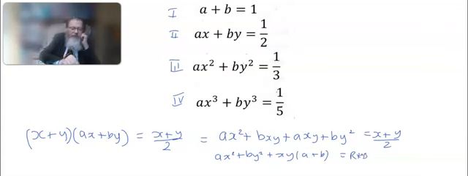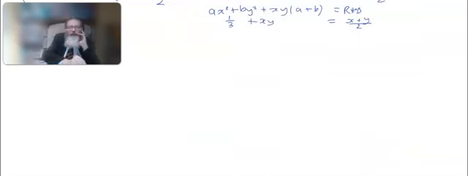And if we compare what we've got there with what is stated in equation 3 and in equation 1, we will find that this becomes 1/3 plus xy, because a plus b is 1, is equal to x plus y upon 2. And if we take this equation and multiply both sides by 6, we can get into whole numbers. And we've got 2 plus 6xy equals 3x plus y.